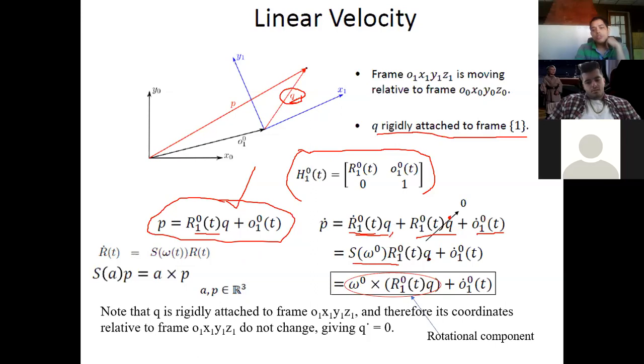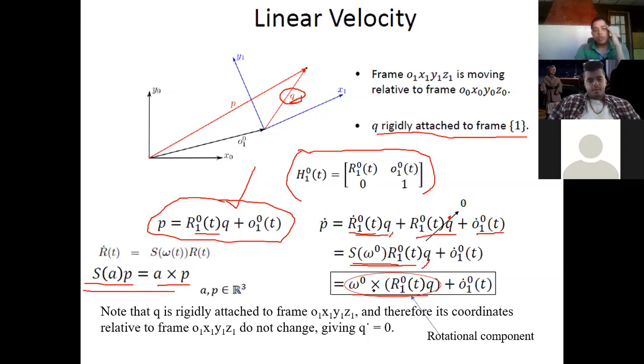My Q is Q. And this is obviously 0, and I have this here. Now I'm using this rule here. A cross P equals SAP. So then you can say omega cross R. So how do you change this to? This is the left hand side, this is the right hand side. Here, right here.